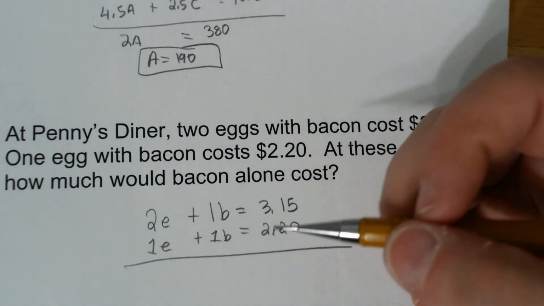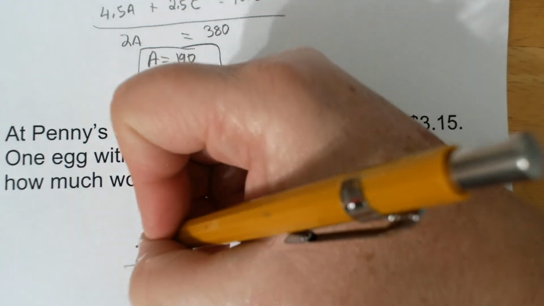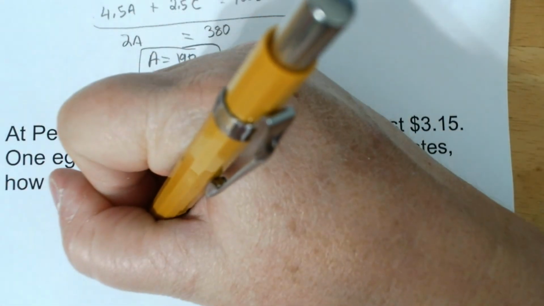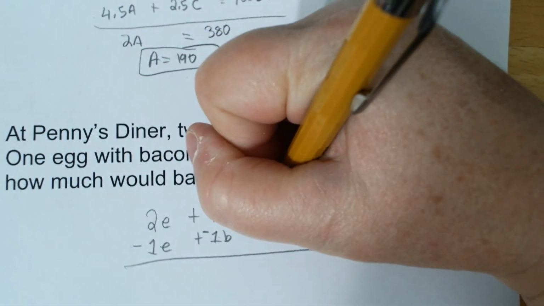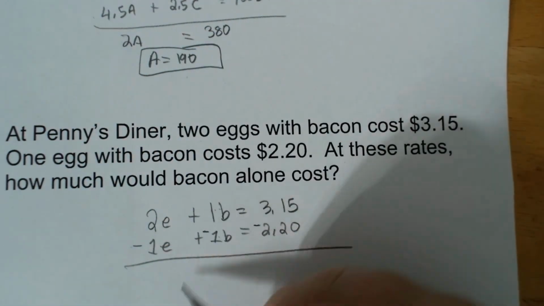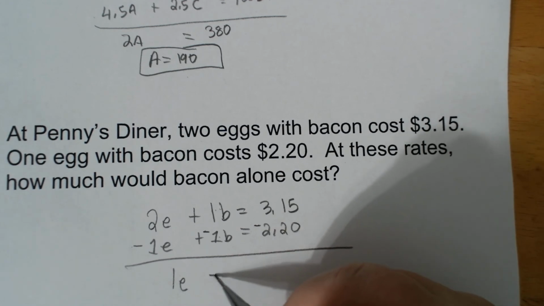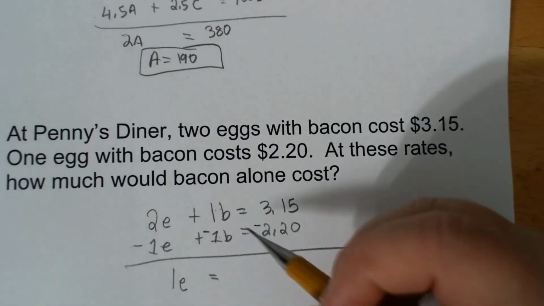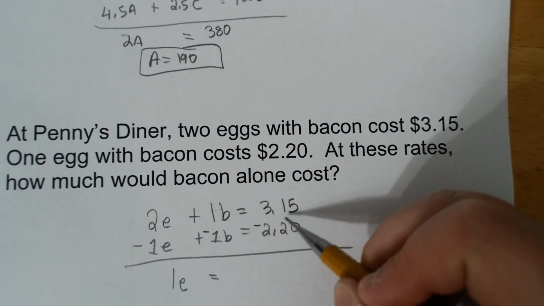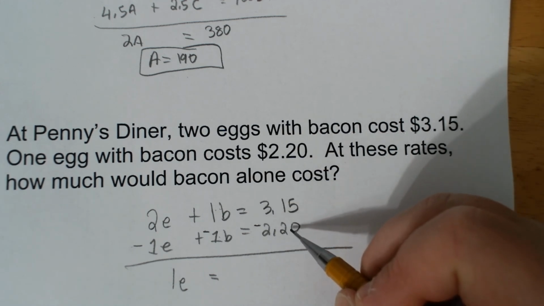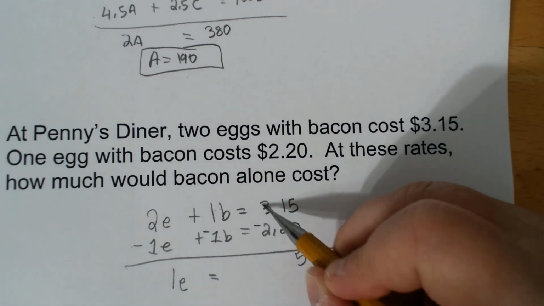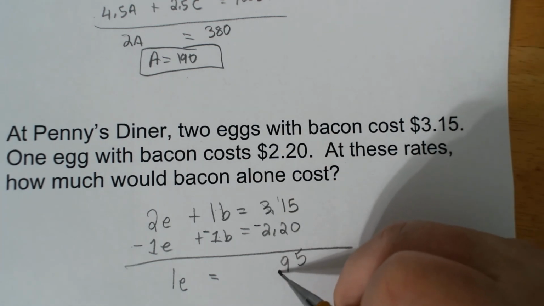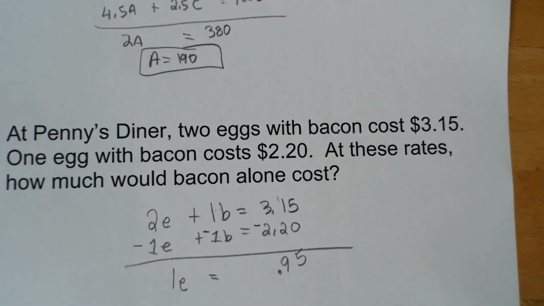I'm going to do elimination, and I both have bacons here, so I can subtract that out. 1 egg equals 95 cents.